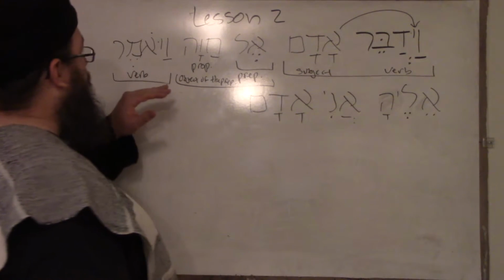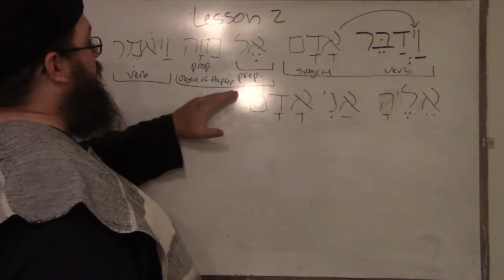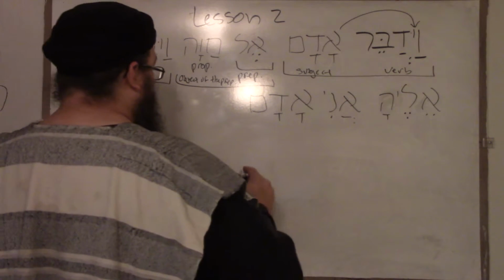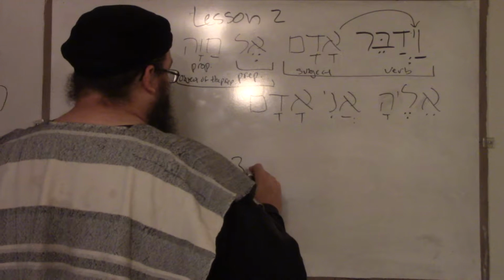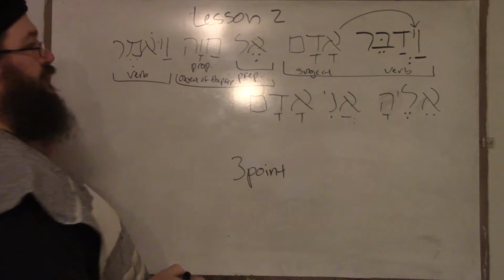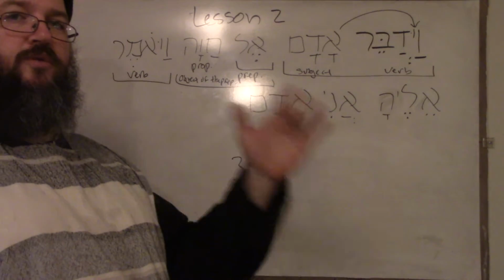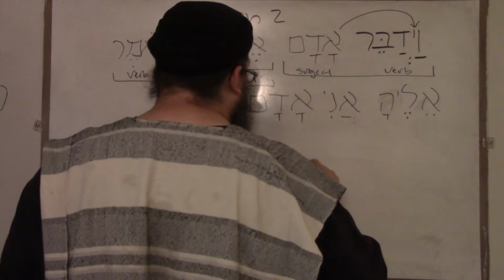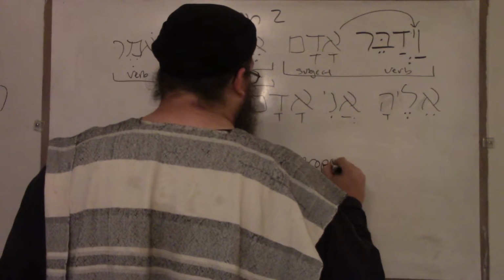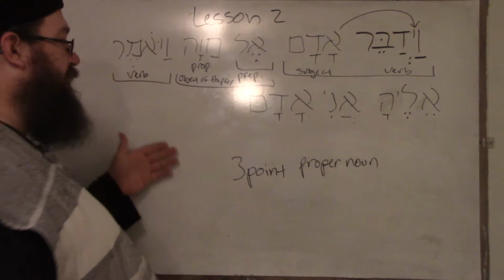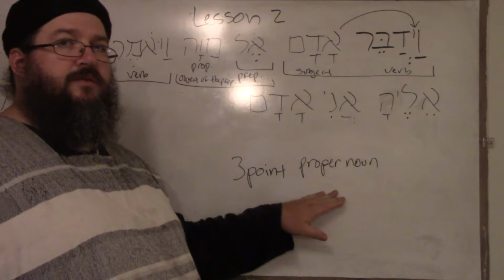So the preposition is going to have, like we said, basically 3 points. We're going to learn 2 of them directly here. We'll learn one a little later. So in this one, what are the points? One is it'll be a proper noun. So the L will be followed by a proper noun. Okay, that's 1 point.